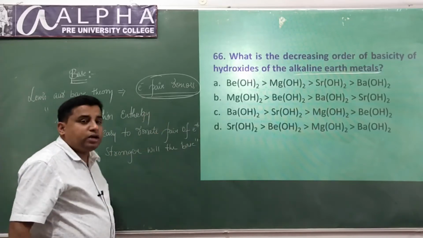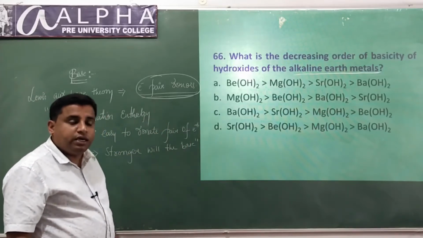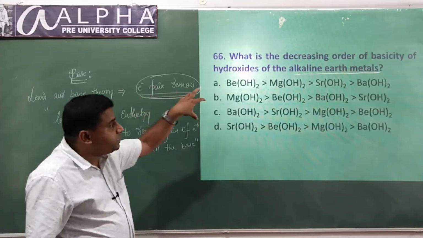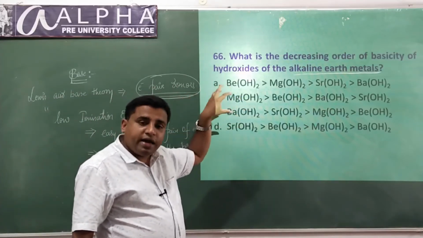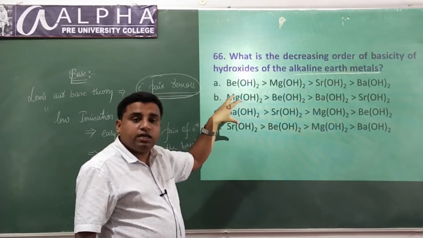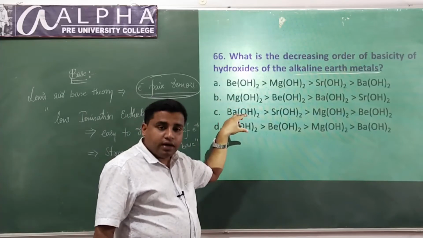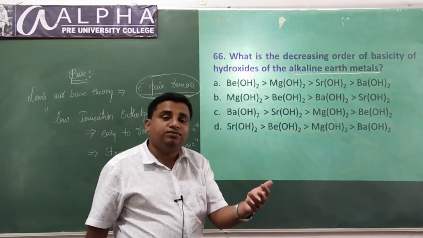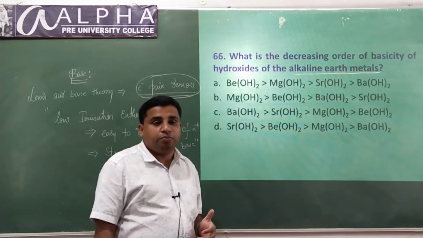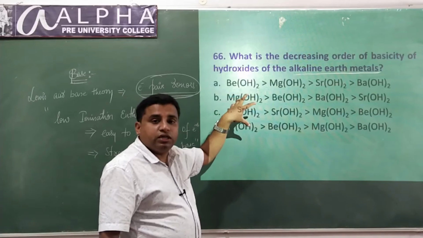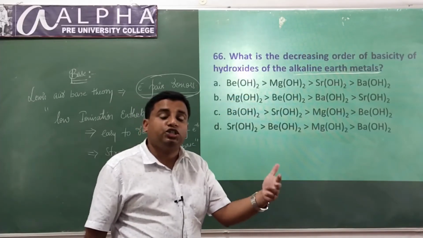Now he is talking about alkaline earth metals. See how one chapter is interlinked to another chapter. It is basically a question from S block elements, but this question can be answered by the concept of classification of elements and periodicity in properties. That is, we can explain this question on the basis of ionization enthalpy.